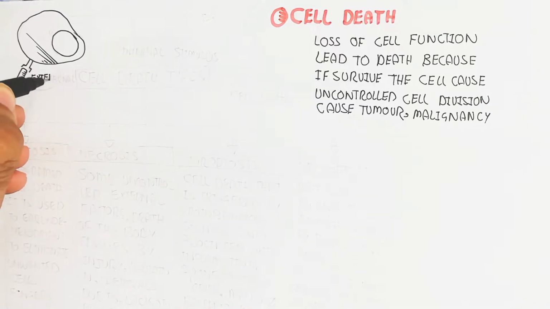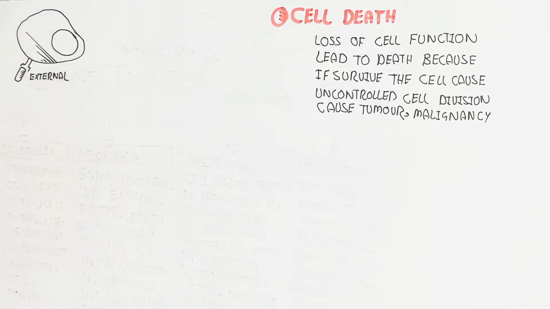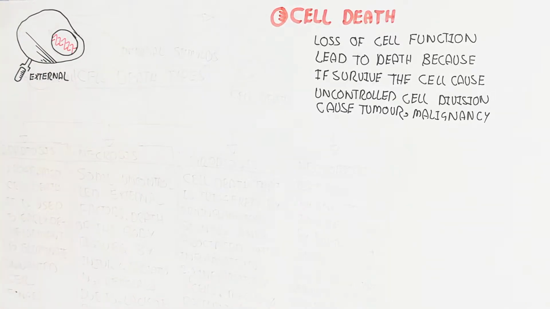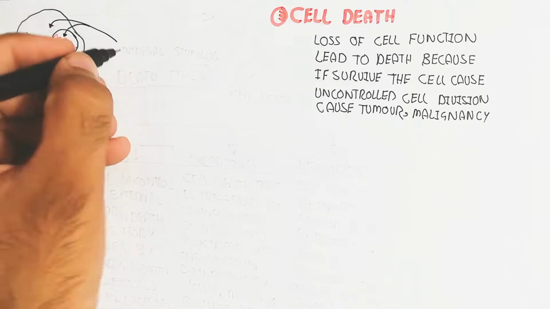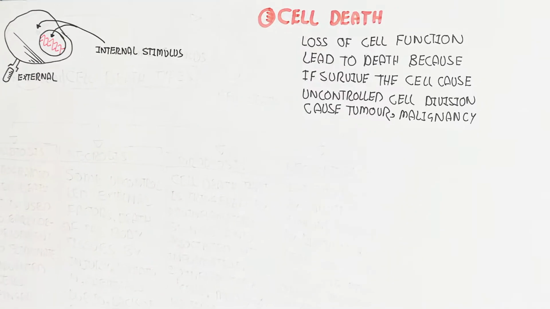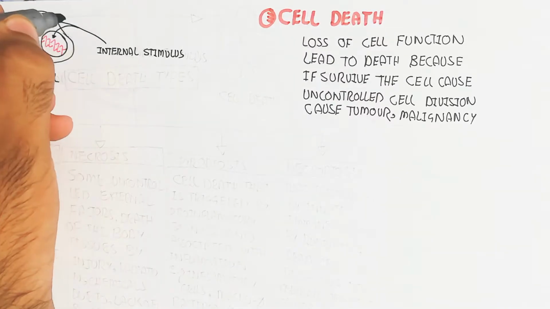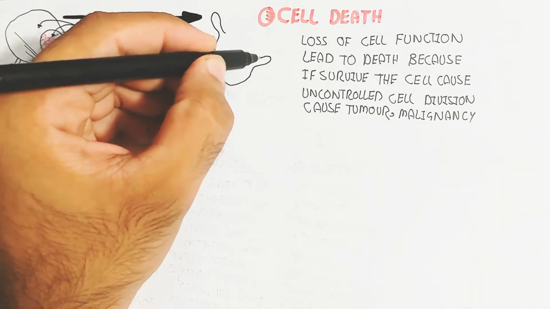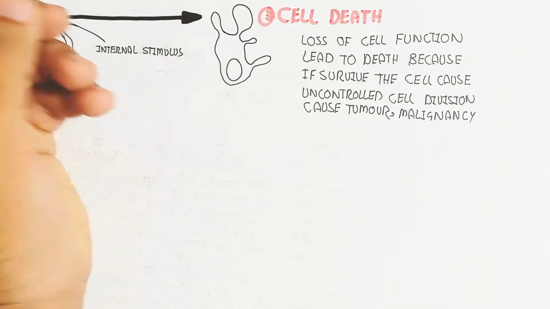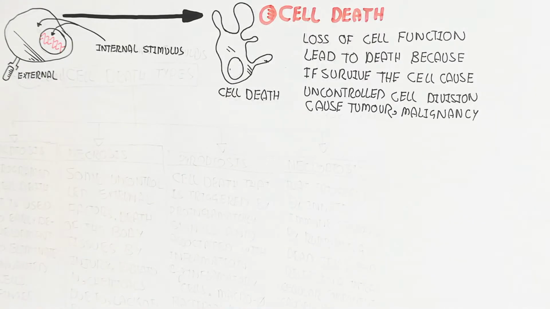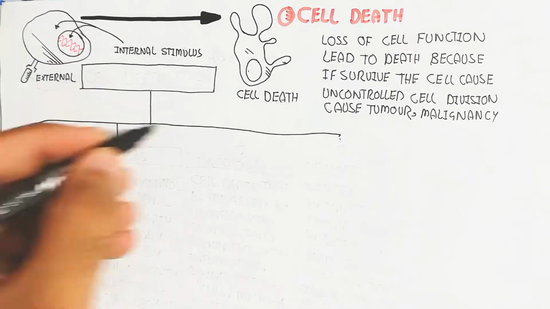DNA damage, endoplasmic reticulum stress as well as hypoxia are the intrinsic pathway, but the external pathway involves cytokines or other death-related factors, which cause death when they bind with the receptor.